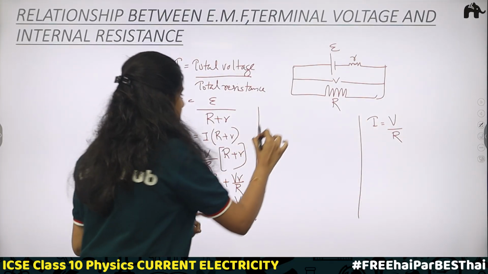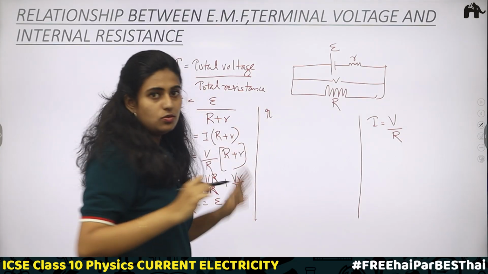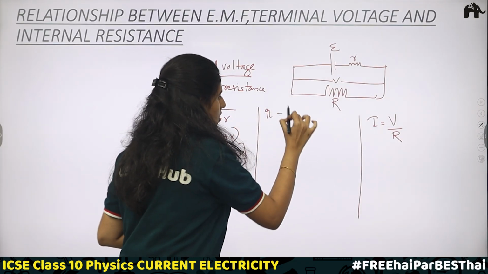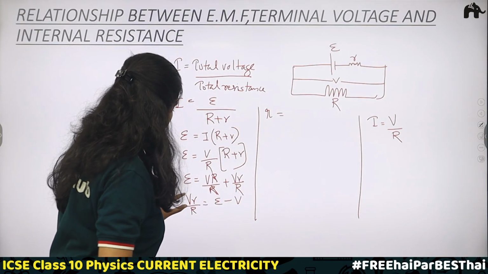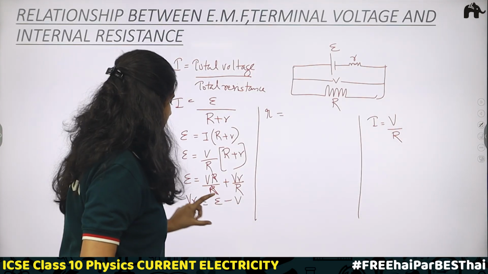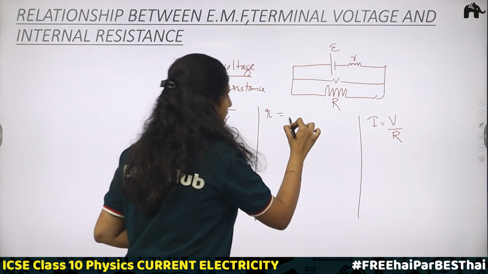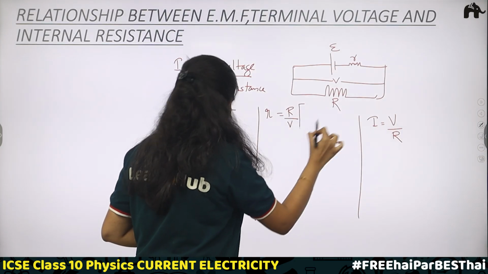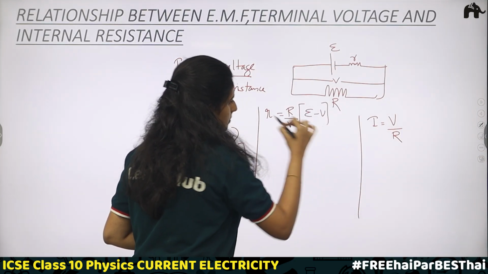Keeping the internal resistance r on the left hand side, taking all other terms to the opposite side. Here we have V by R, so taking the reciprocal and multiplying, we get R divided by V into epsilon minus V.